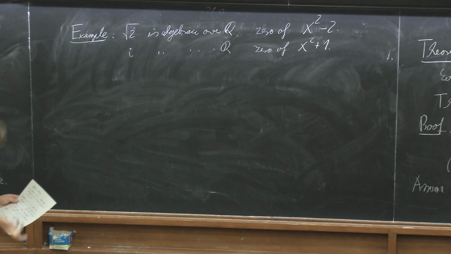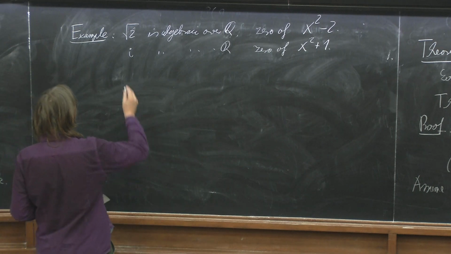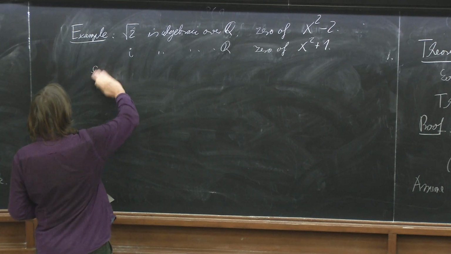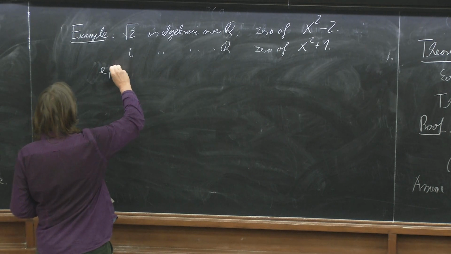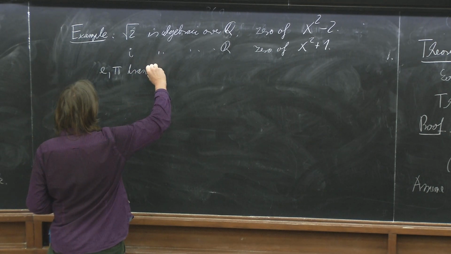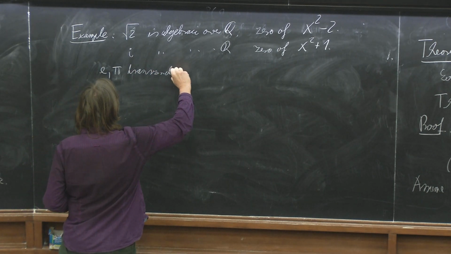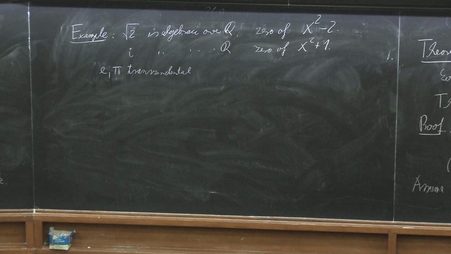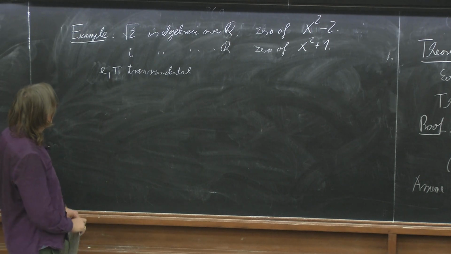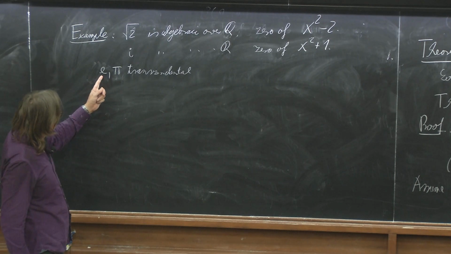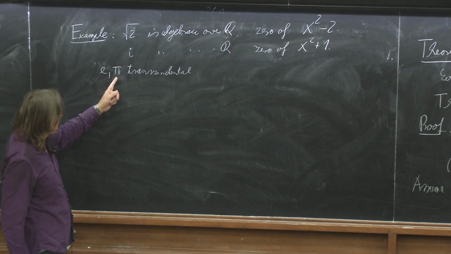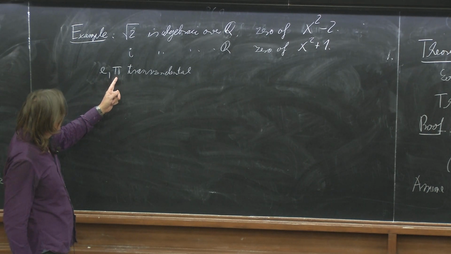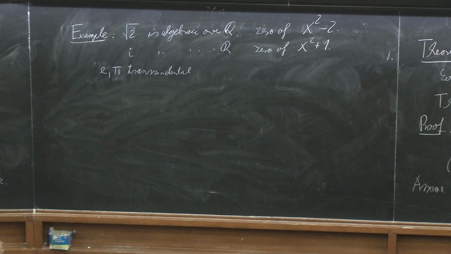An example of transcendental elements is something like e and pi. They are both transcendental. They are quite difficult to prove. They were proven, I think, for e at the end of the 19th century, for pi in the beginning of the 20th century, and this was considered a major achievement.